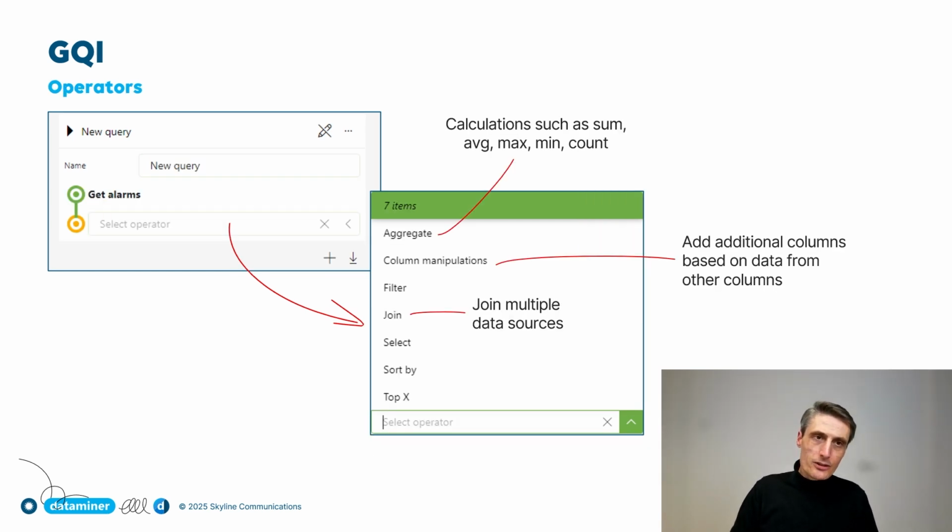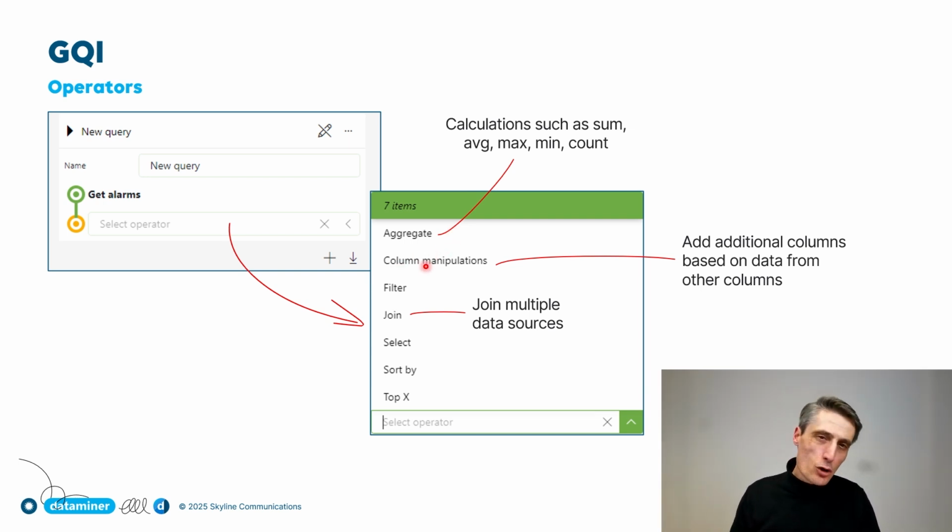Okay, so the first one we will do is we will query a little bit on a specific data source, and when we do that, we will need to select some operators, which is indicated here. You can aggregate, and that's probably the most interesting one, to start aggregating things, making sums or counts.